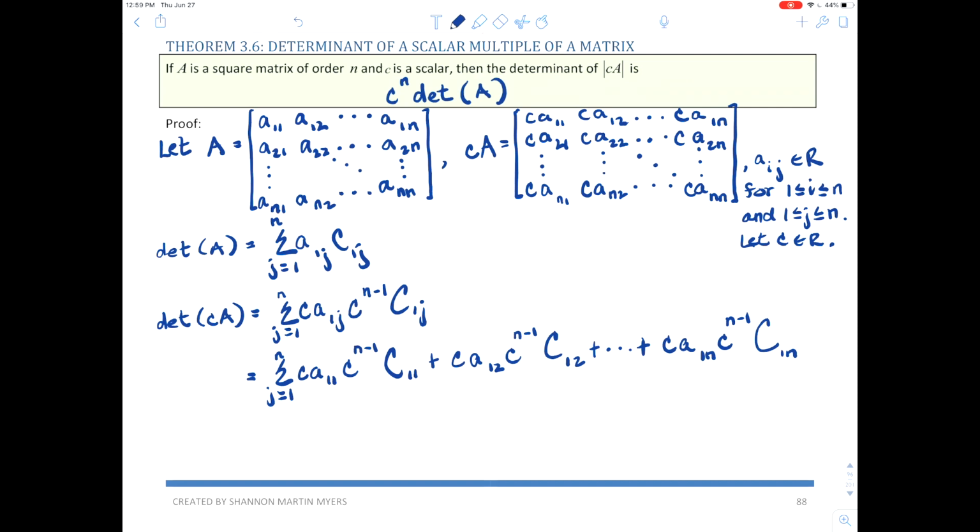Cool so far? Each time, in each term rather, aren't we multiplying C to the 1 times C to the n minus 1?